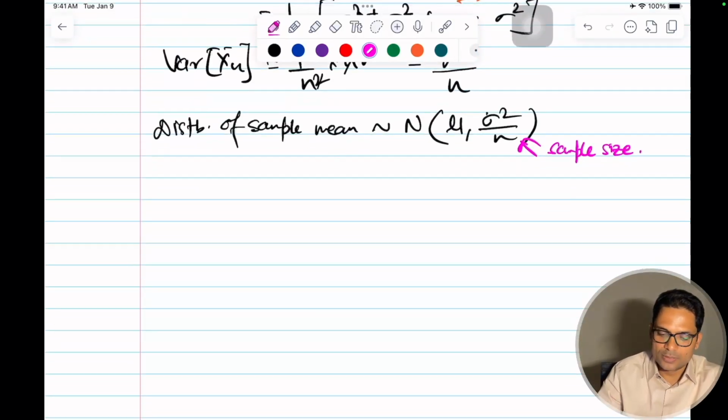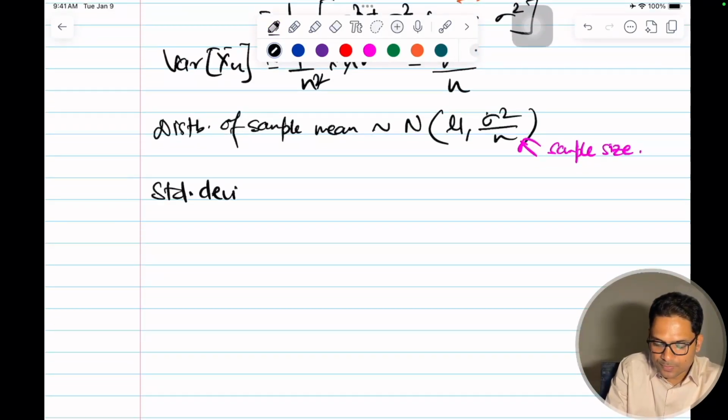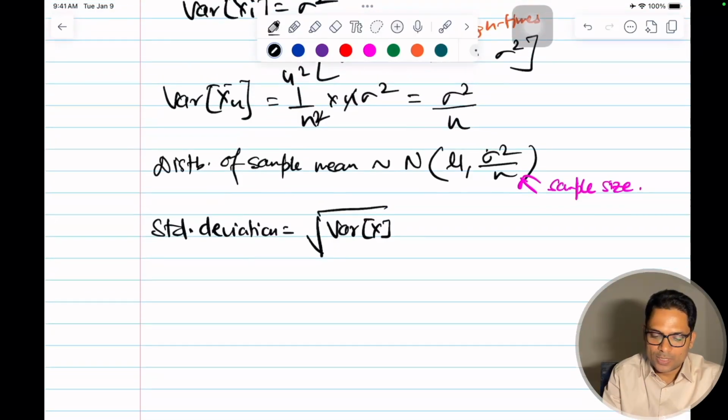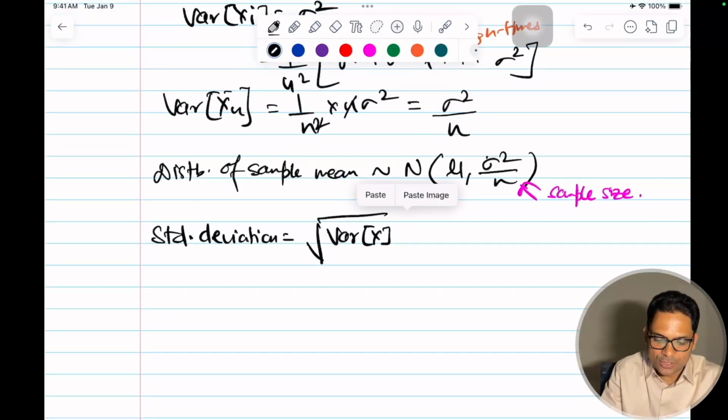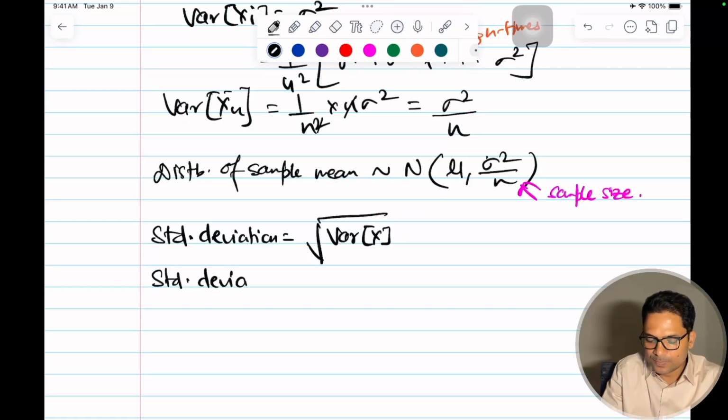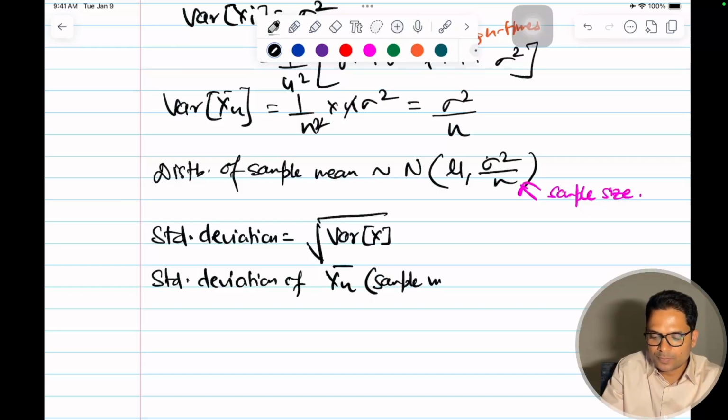Okay, and what is the next point? So we know that standard deviation is equal to square root of variance. So similarly, what will be the standard deviation of xn bar or sample mean? This will be equal to square root of sigma square by n.